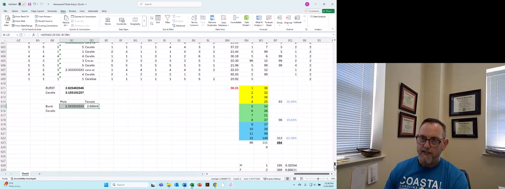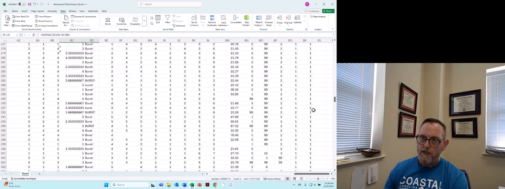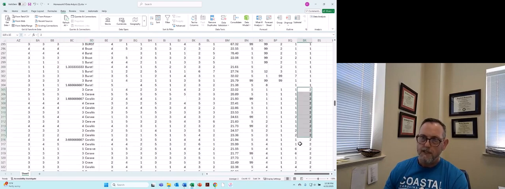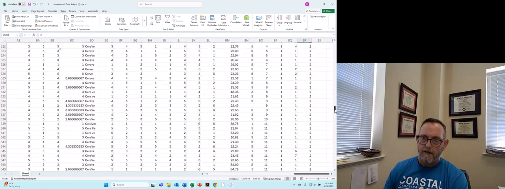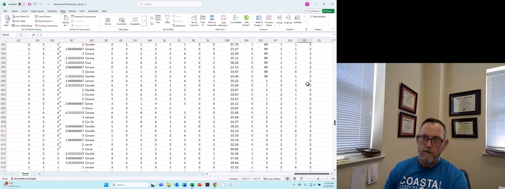So remember, CeraV again is the 2 in this BR column. So once we start getting into these 2s, we got CeraV. Once we have the ones in this BP column, those are males. So we have 305. That's where we start. 305 down to 399.